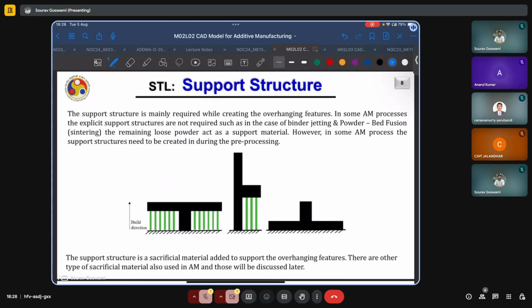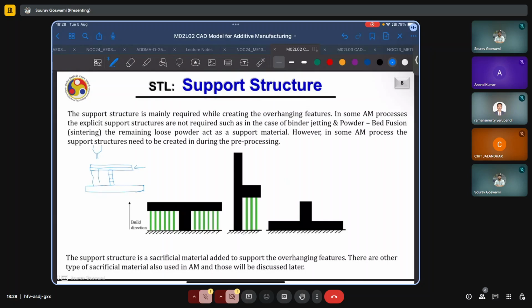If we try to visualize how we would have printed this T, say starting from a substrate, we deposit these layer by layer, the column, and then suddenly we have to print this large lateral structure of T. When I try to print or deposit this, say by some method like FDM, where will this material go?